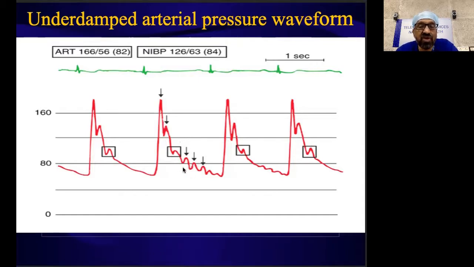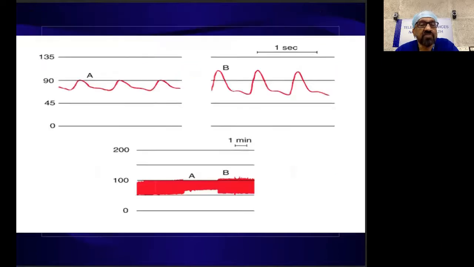This becomes important, especially when you're dependent on the dicrotic notch to determine the time of trigger, especially when you're using the intra-aortic balloon pump. But if you look at the actual blood pressure, it is 126/63, but because of the underdamping, the systolic pressure is overread and the diastolic pressure is less. However, the mean arterial pressure will be similar in both the readings.